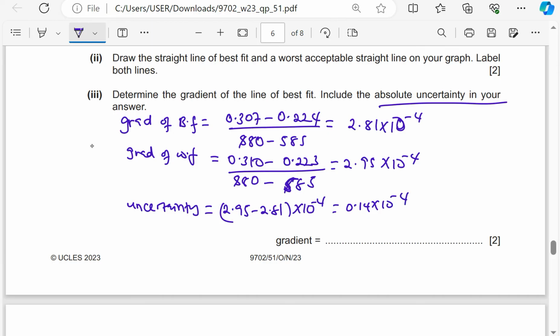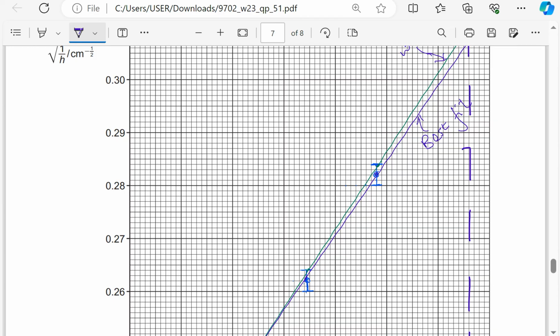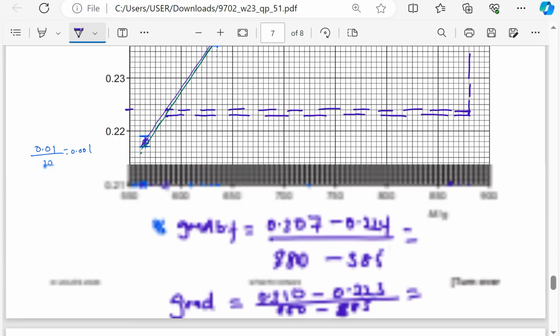So I can write my answer here as 2.81 plus or minus 0.14, times 10 to the power of minus 4. That is going to be the gradient and its uncertainty. Okay, I hope I've tried my level best to be accurate.